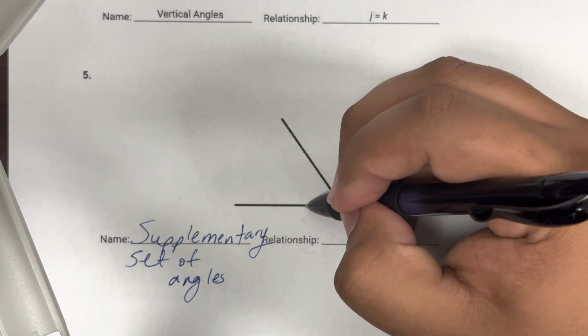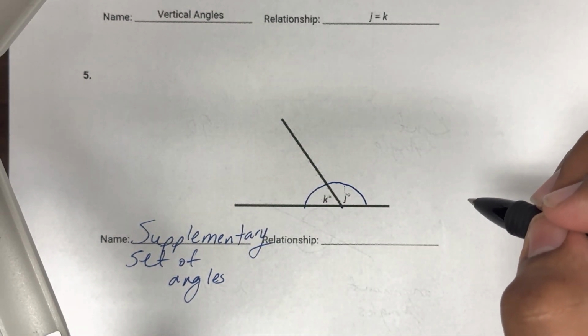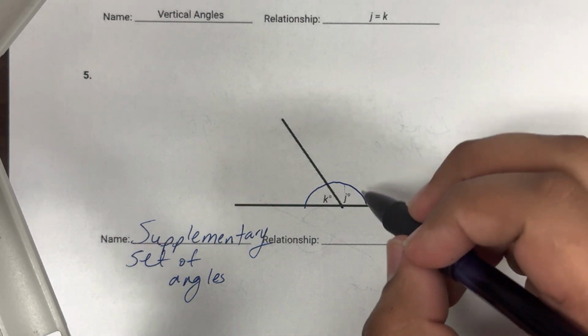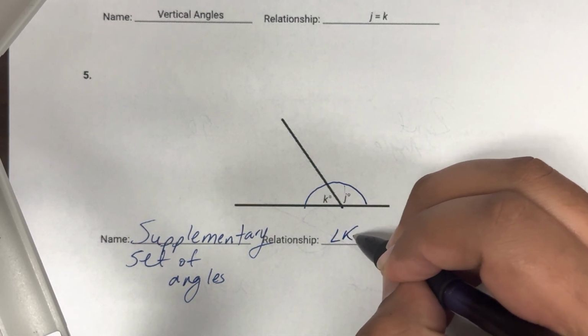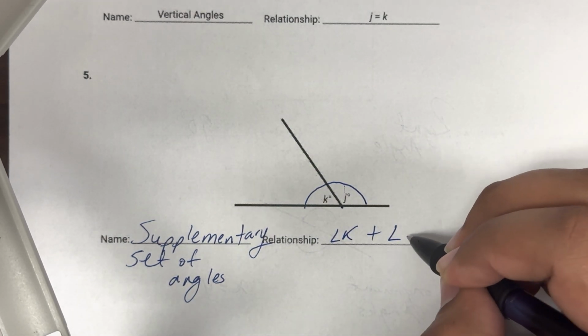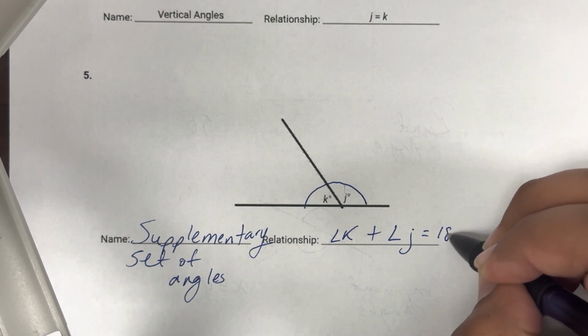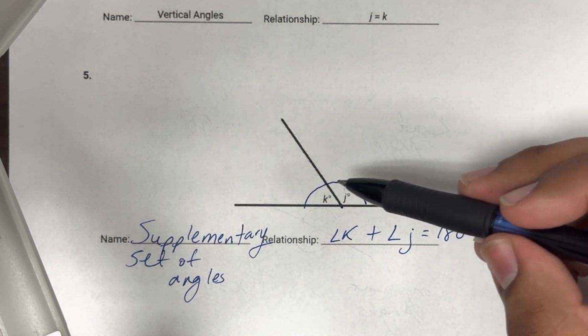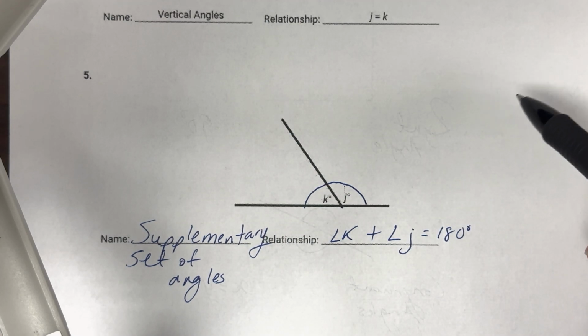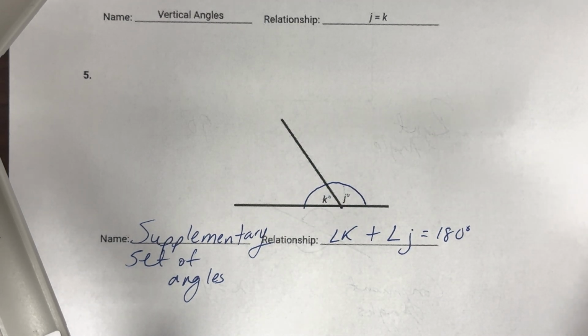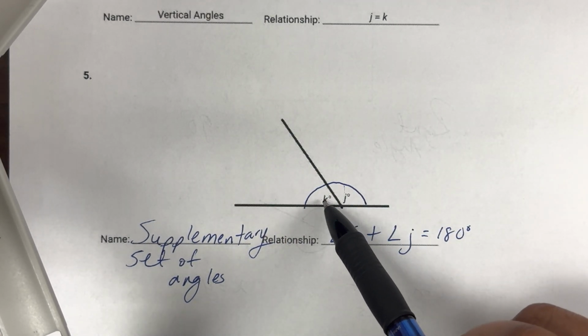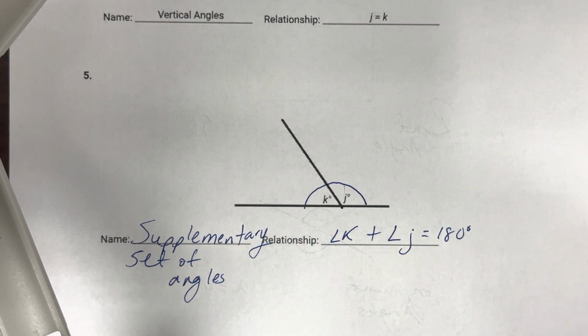This means that K plus J will equal 180. Angle K plus angle J will equal 180. We don't know what the angle measures are. Eventually, we might be able to calculate them, but for right now, I know that these two will for sure give me 180. Let's keep going.